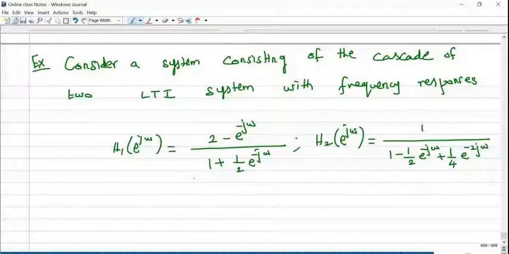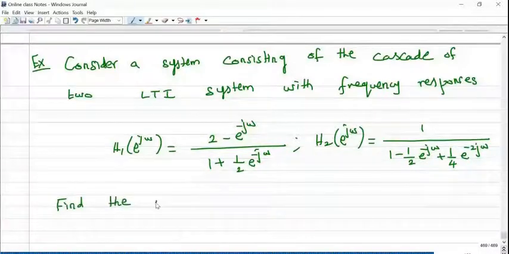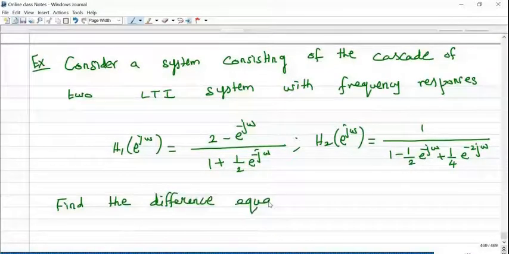Find the difference equation describing the overall system.